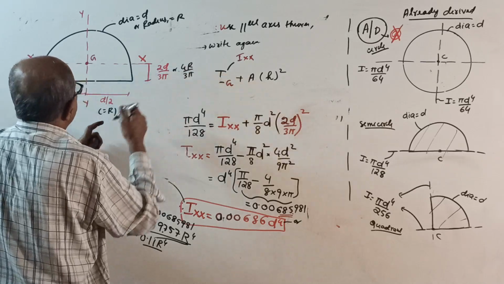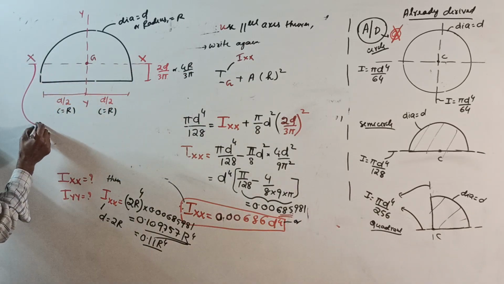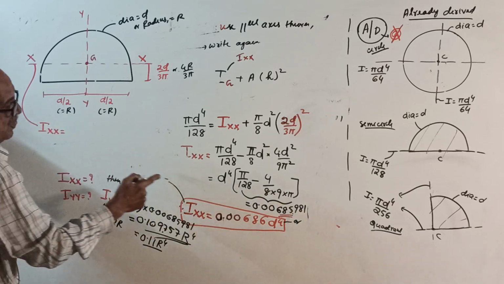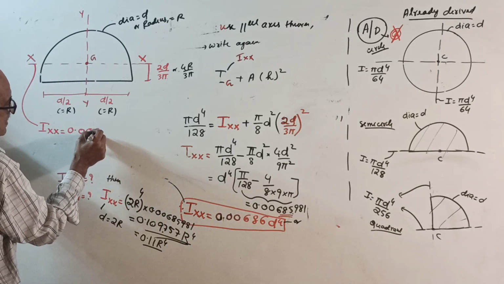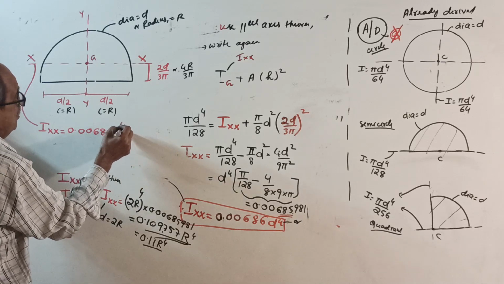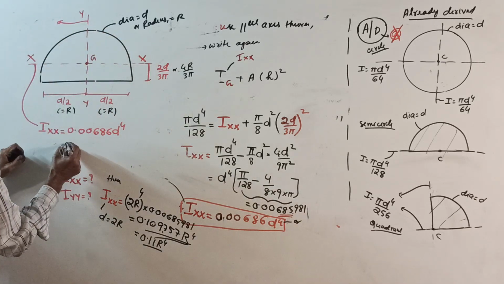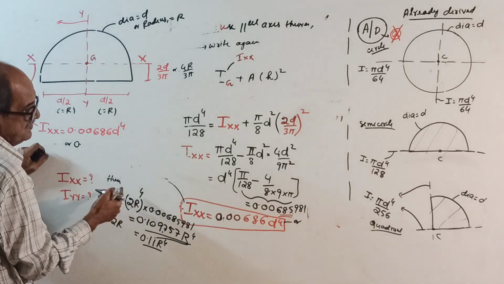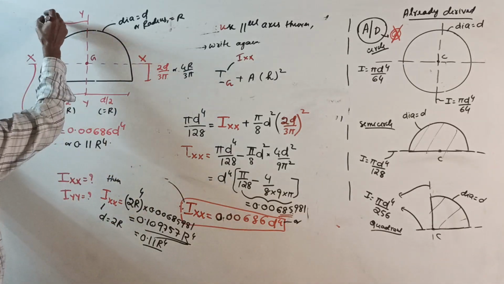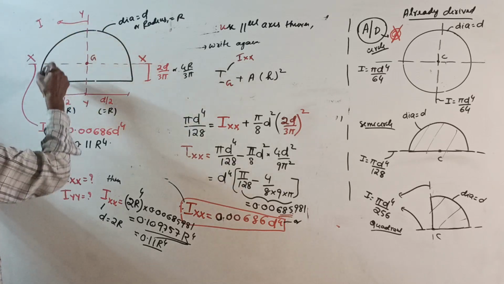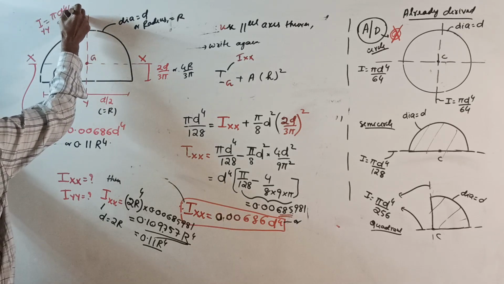Then I write here, I about xx is, we will use it in future, 0.00686 d power 4, or in terms of radius it is 0.11 r power 4, and Iyy equals pi d power 4 by 128.